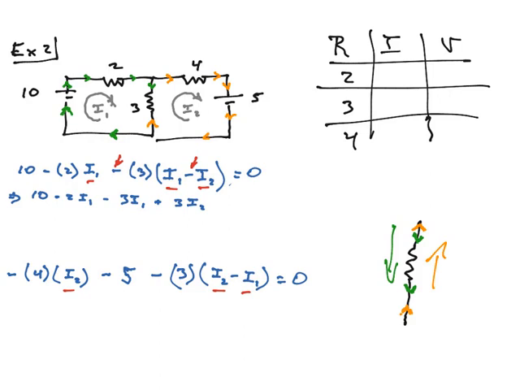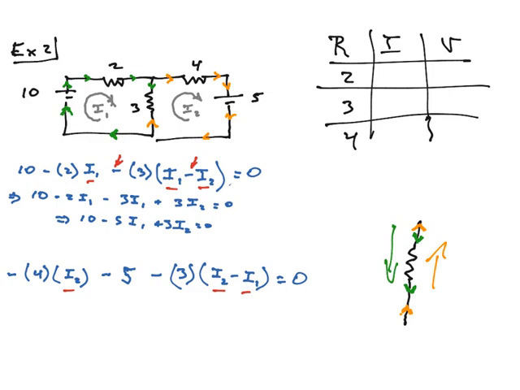Okay, so everything's distributed out, set it equal to 0. I now combine terms. I'll just do it one step at a time: 10 minus 5i1 plus 3i2 equals 0.